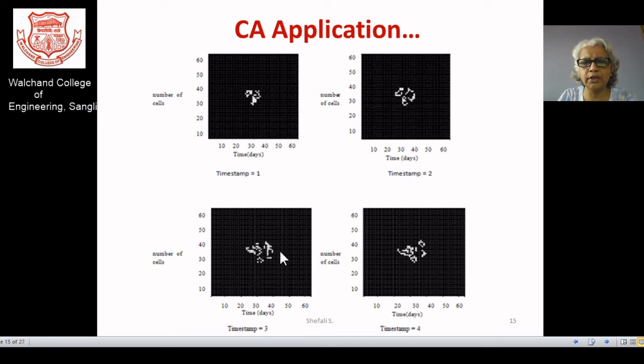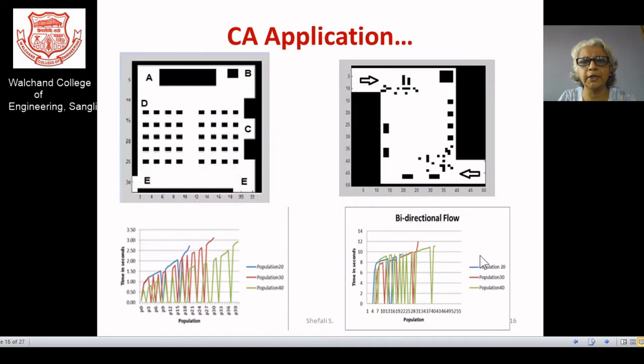Then for the third time stamp, the growth is observed, so as I can understand, or any doctor can understand, what exactly is the growth pattern of the particular cell itself. And then if any medicine is given, whether this particular growth is made limited, or some pause is there, or whatever. So accordingly some observations can be carried out with certain CA applications.